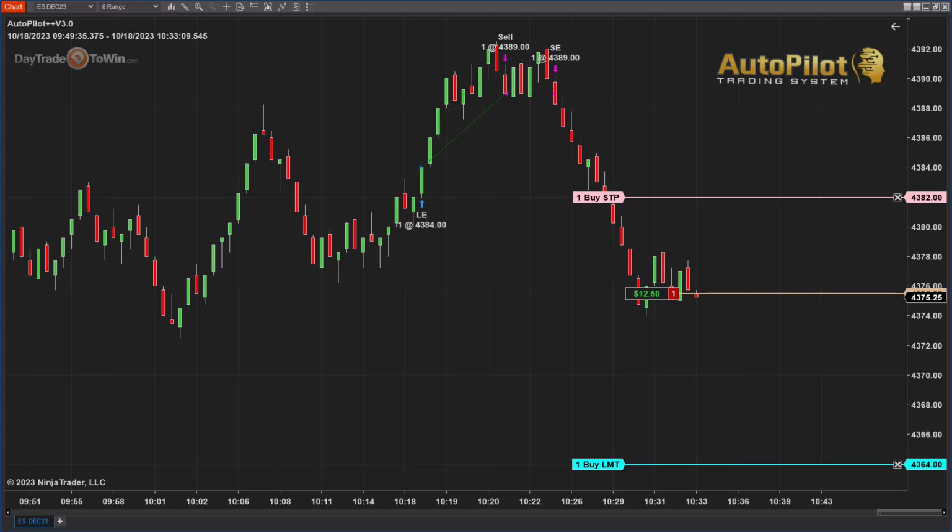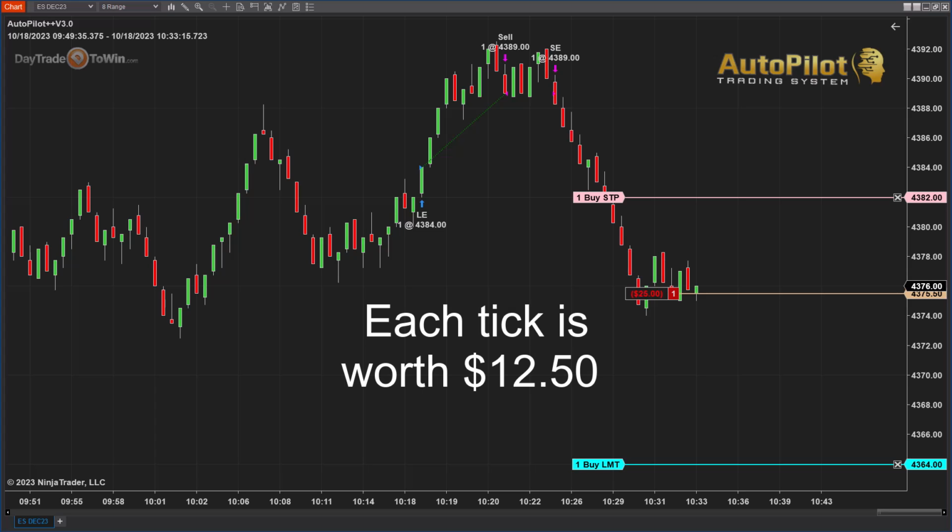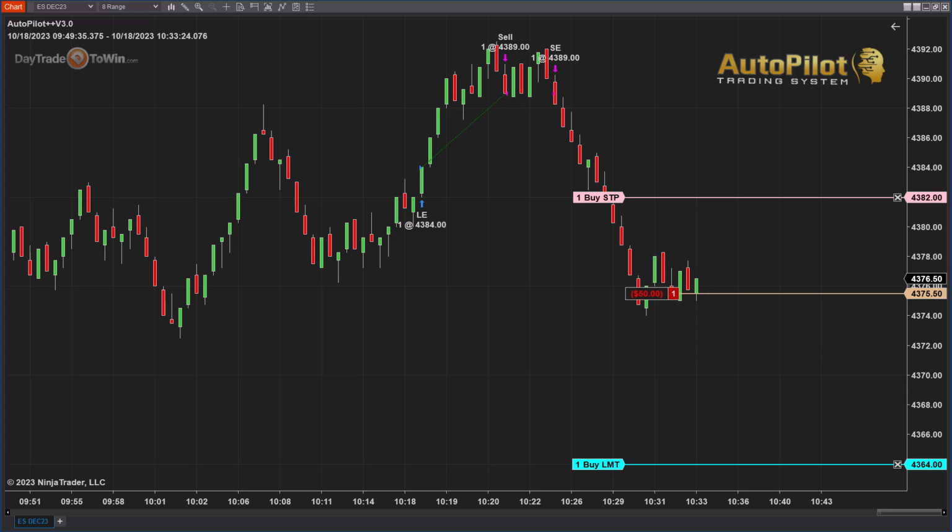Now, if the market is really strong and volatile, these numbers are going to be moving a little bit faster, but the market's in a pretty good rhythm. It's not overly strong or overly weak as well. So what you're seeing here is every time it ticks up or ticks down, it's $12.50 being made or being lost.